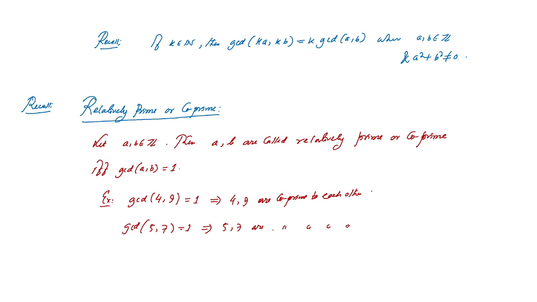So co-prime or relatively prime can also be written as prime to each other. Okay, so here 4 and 9 are prime to each other, still they are not prime. So here you have an important theorem. This theorem is important for exams.